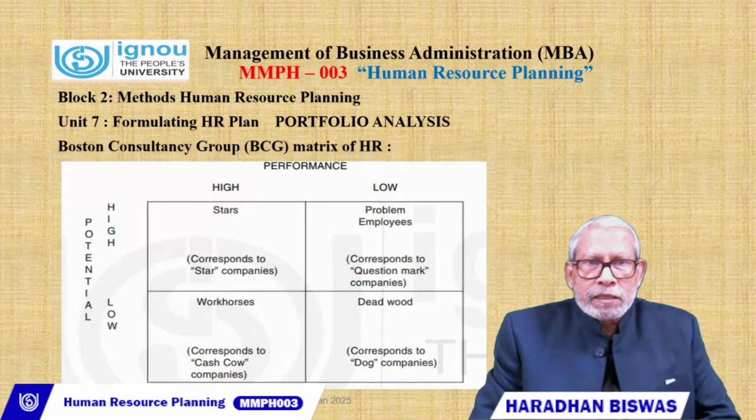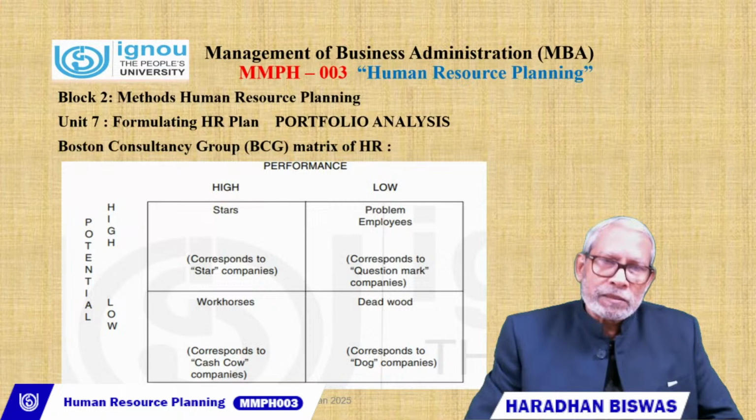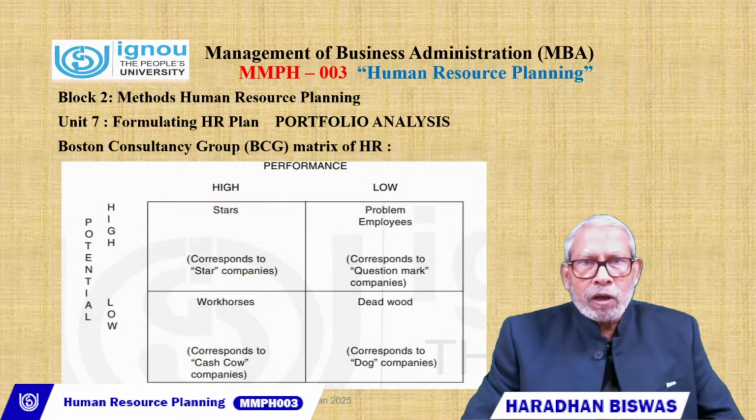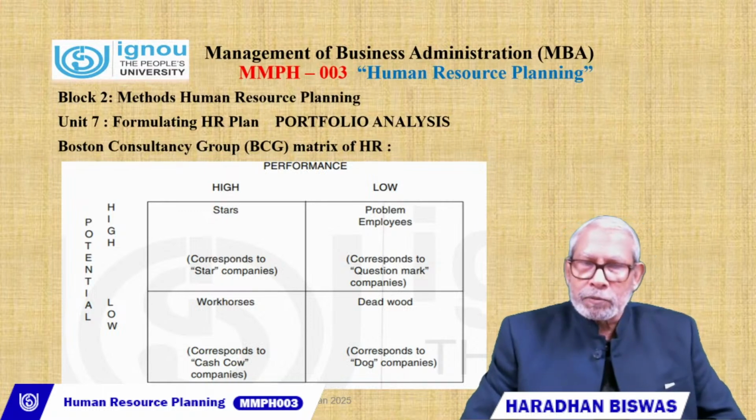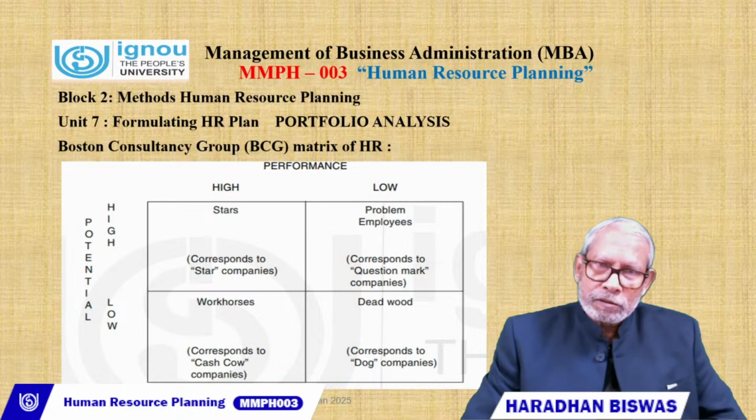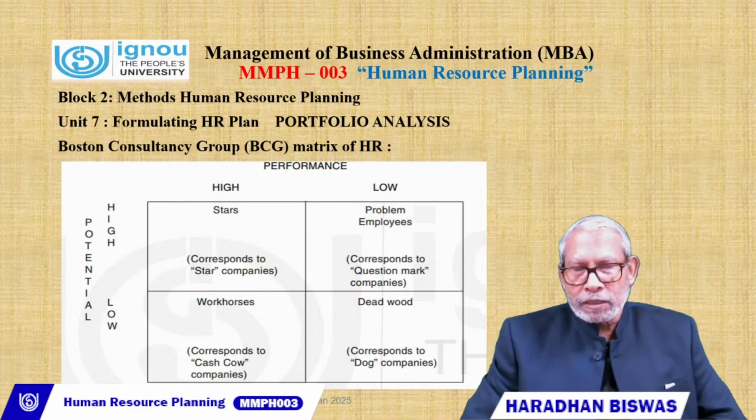Now you see here there is a performance chart: high, low, and this is on the basis of both performance and potential. Stars correspond to star companies. Then problem employees correspond to question mark companies.